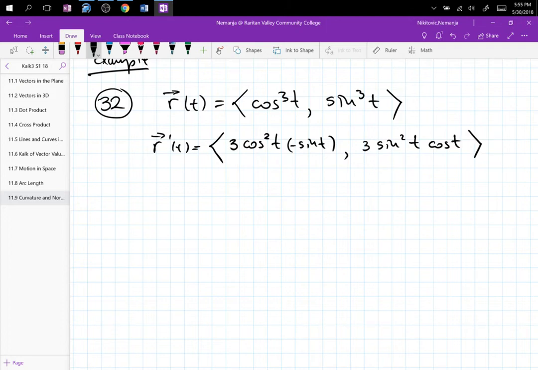I'm just going to leave the R prime there in case you don't know chain rule from Calc 1. Just in case.